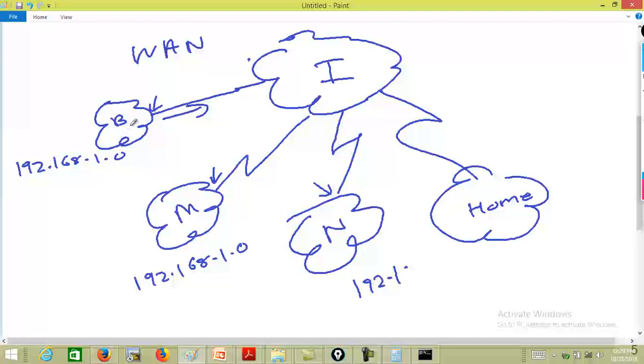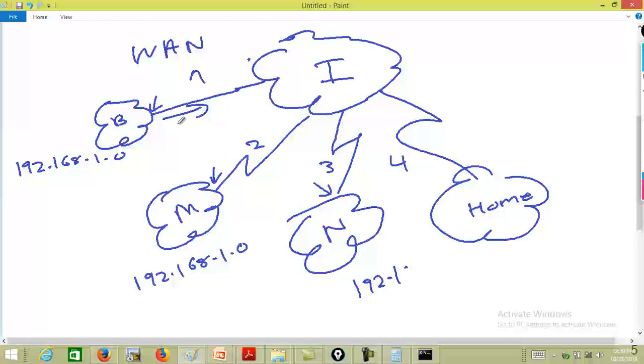So you're able to manage the depletion of public IP addresses, because here you're just using one per network. What I'm trying to say is that here we have used just four public addresses, 1, 2, 3, 4, to address all these networks.